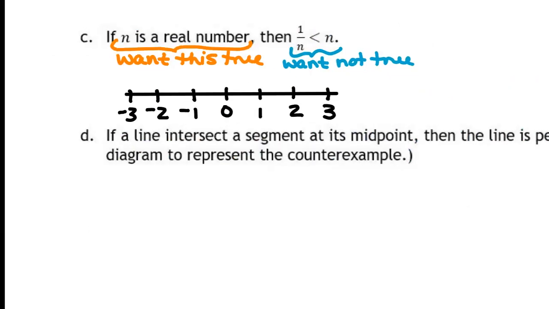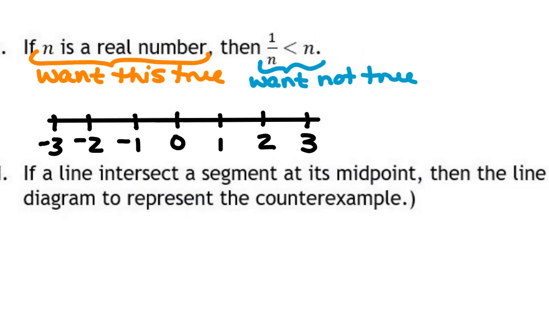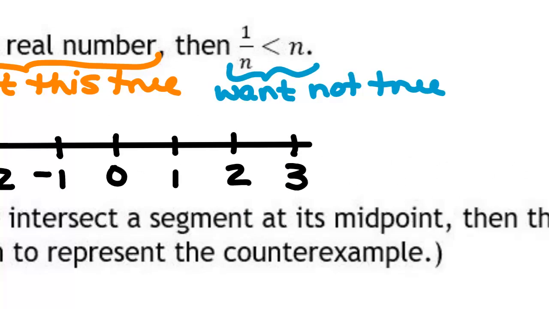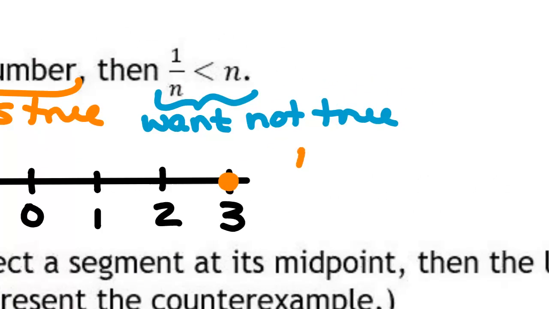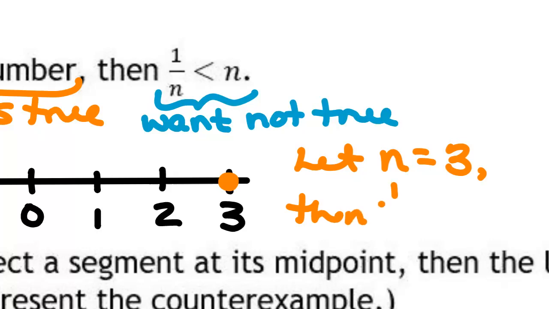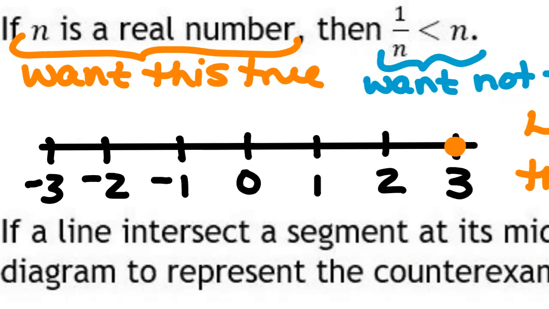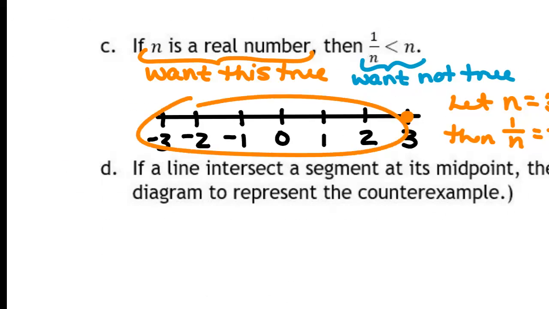Let's pick out a real number. What about if I let n be 3? If n is 3, then 1 over n would be 1 over 3. Where would 1/3 be on this number line?